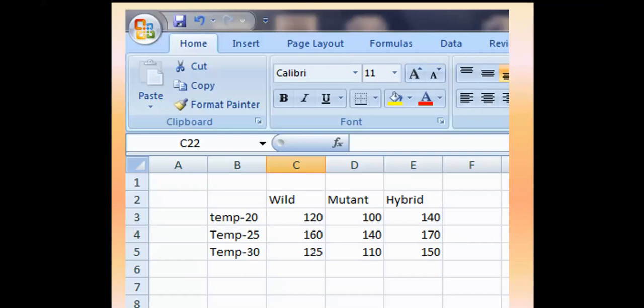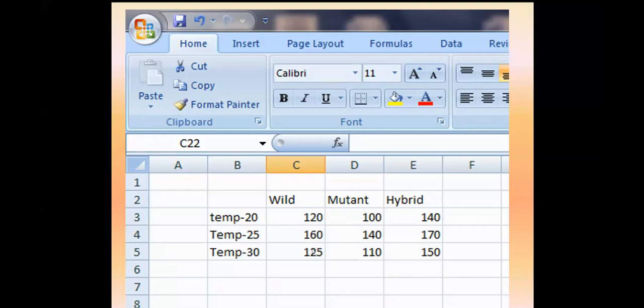We are culturing Drosophila flies. So suppose we have done experiments involving three different types of flies. Wild type flies means those flies which are normal, then those flies which are mutant types, and then hybrids. Hybrids means they have been obtained by making a cross between wild and mutant.